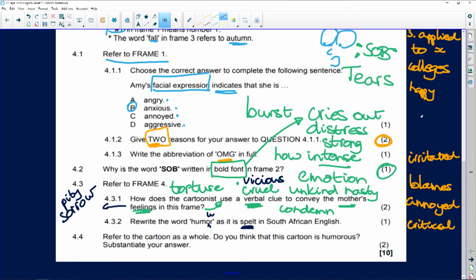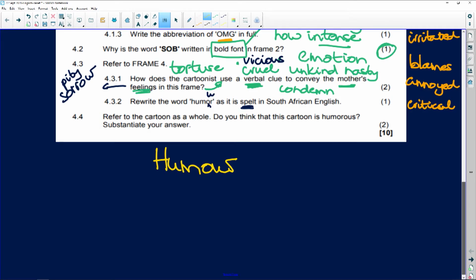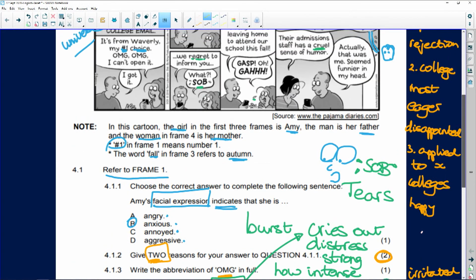It doesn't matter if you are home language or FAL. You get asked about humor. Do not say something like, I didn't find this funny because I'm also applying to technikons and universities, and I think that playing a trick like the father's trick here is very nasty and I didn't find it funny.